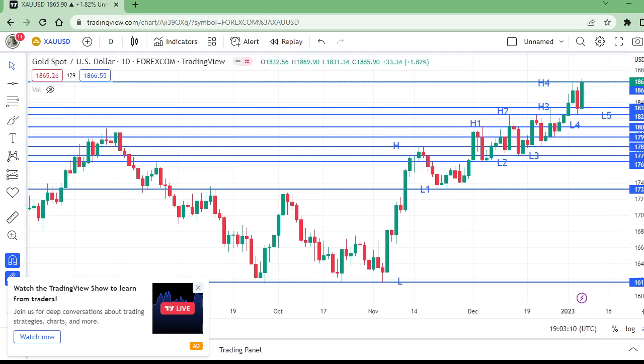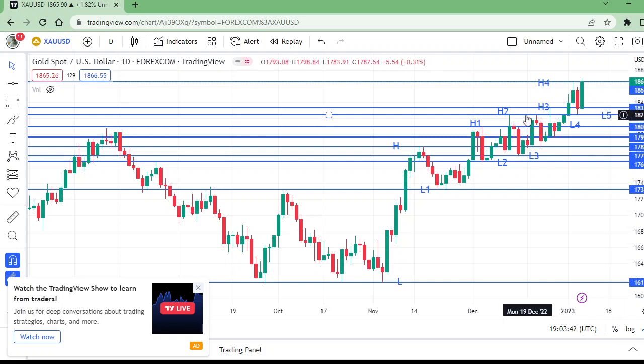Here it shows 1809, but when we go deep it was about 1810. Then came down for L2. This was 1762. The market went for H2. It was 1824. From 1824 it came down for 1773.